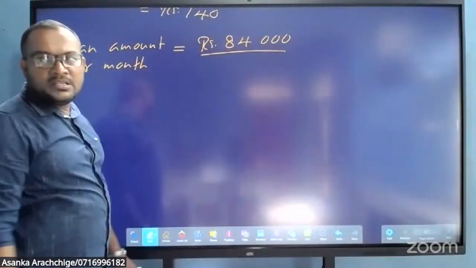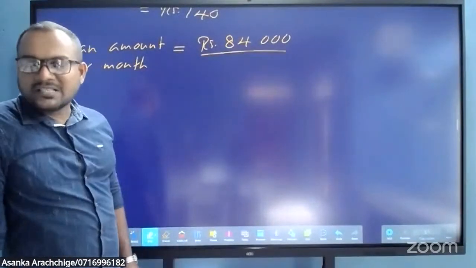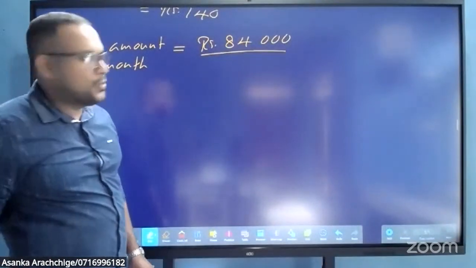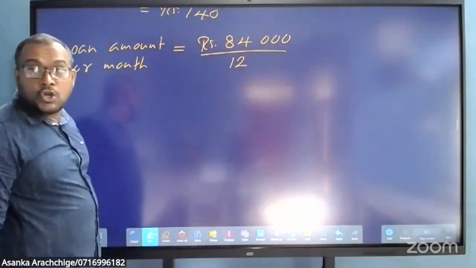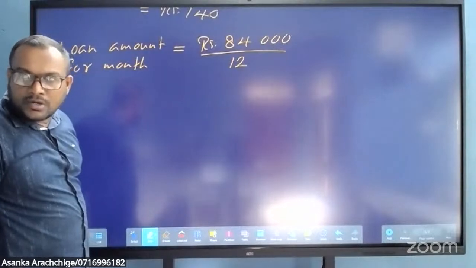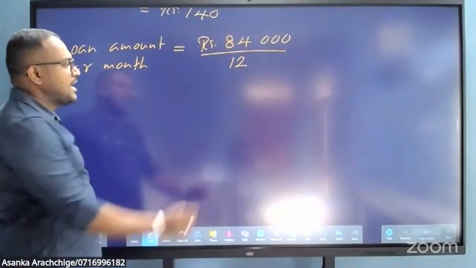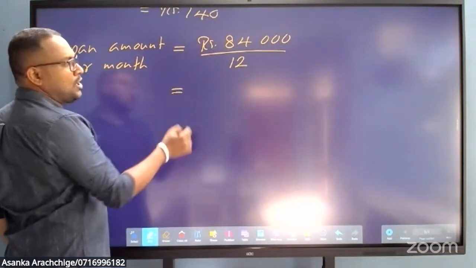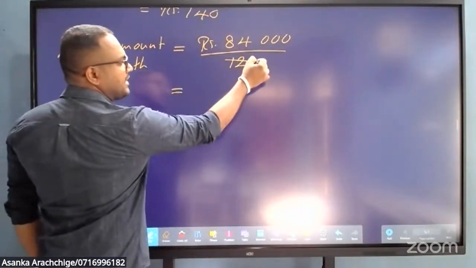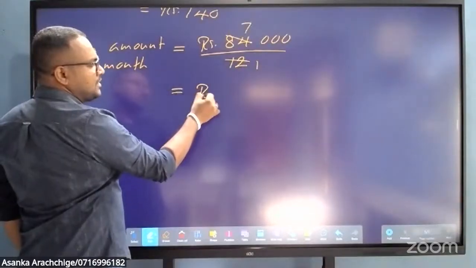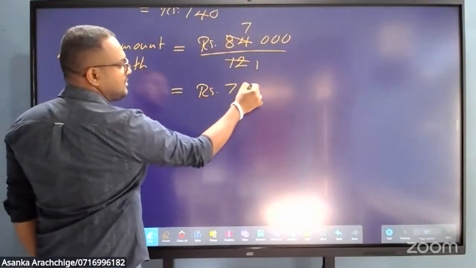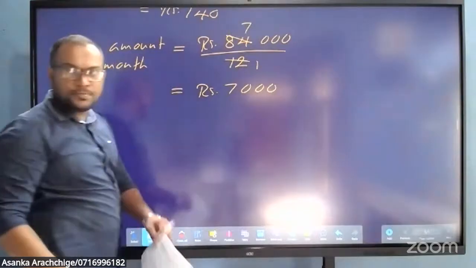In how many installments should this person pay back? In 12 months. Then divide the total loan amount by the total number of months and you can get the loan amount per month. 12 times 7, 84. The loan amount per month is 7,000 rupees.